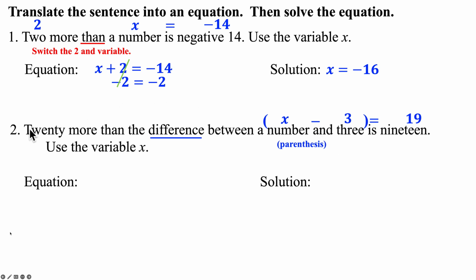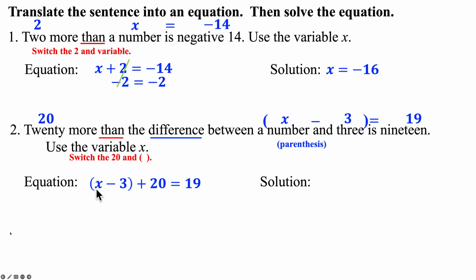Now, over here, the 20 more than. All right, I saved this till the last because that's a key word, than, which says you've got to switch these two around. So our 20 more than is going to be a plus, but we have to switch that around the plus sign. So x minus 3 will be first in parentheses, then plus the 20 equals 19.